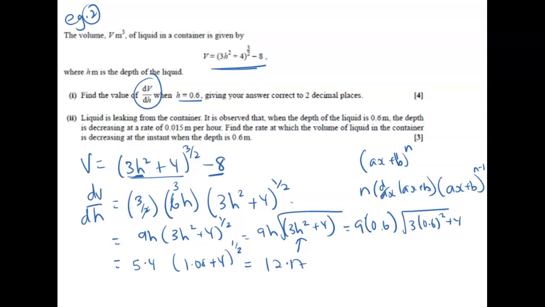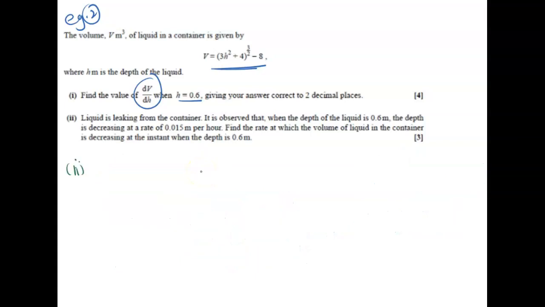Now let's move on to the second part. They say liquid is leaking from the container. It is observed that the depth of the liquid is 0.6. Let's call the depth h. The depth is decreasing at a rate of this. That means dh/dt, which is what they mean when they talk about the depth decreasing at a rate, will be minus 0.015 meters per hour.